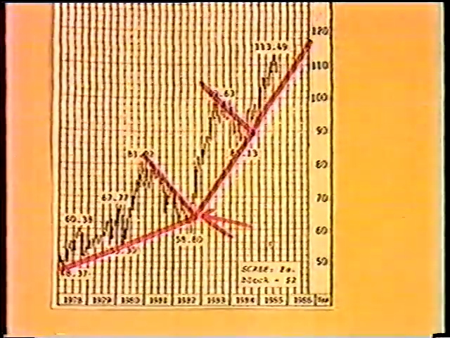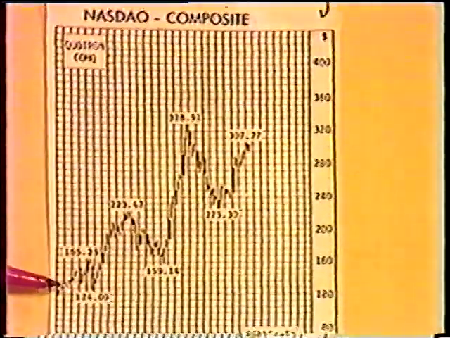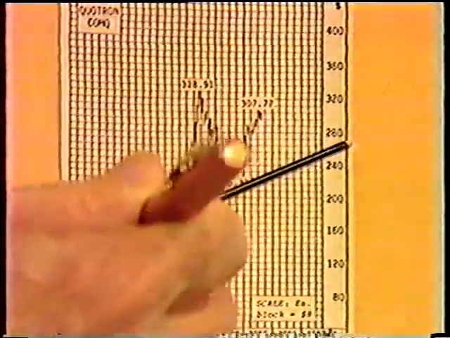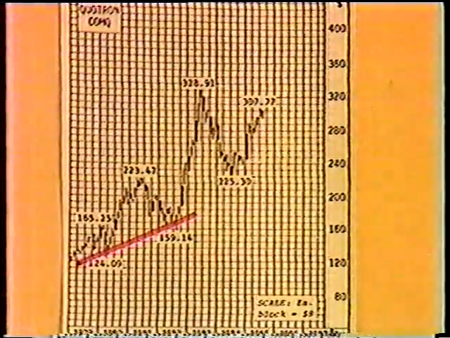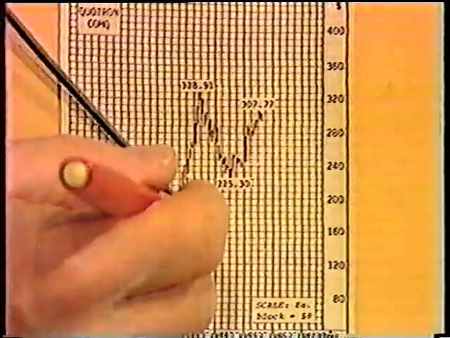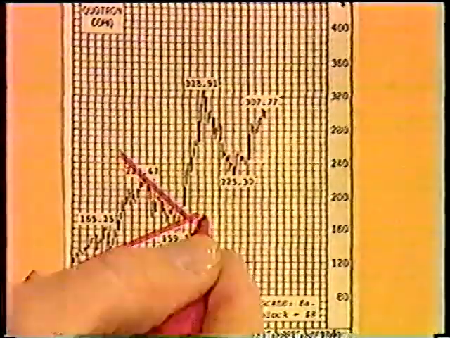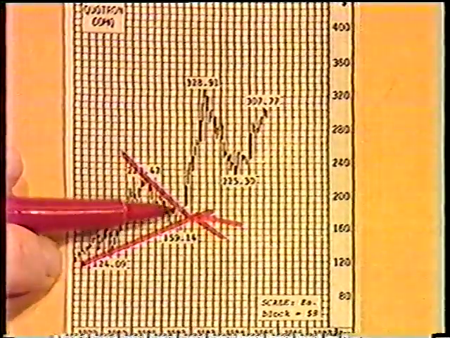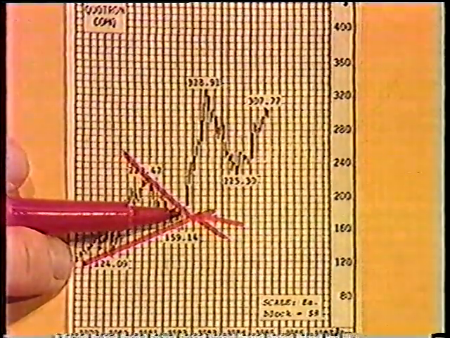The over-the-counter NASDAQ composite market looks the same in its configuration. That is, it has a rising bottom line, same time frame, and a resolution of an indecision pattern, and the beginning of the new bull market at the resolution of that symmetrical triangle in August of '82.